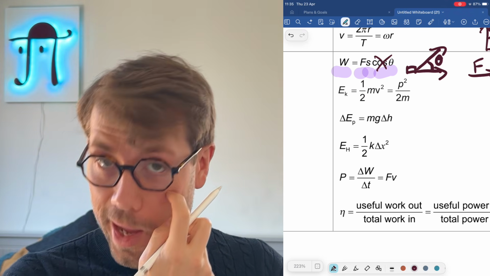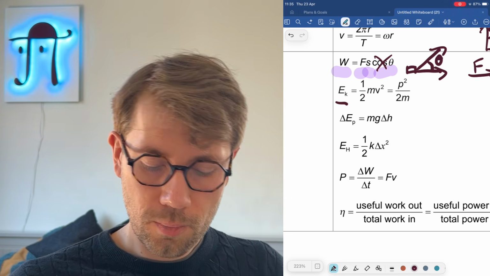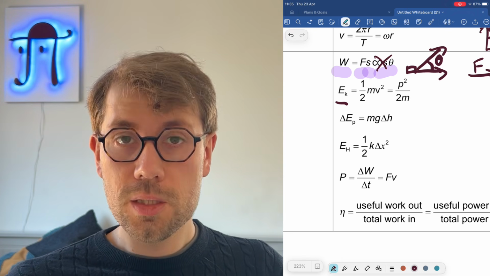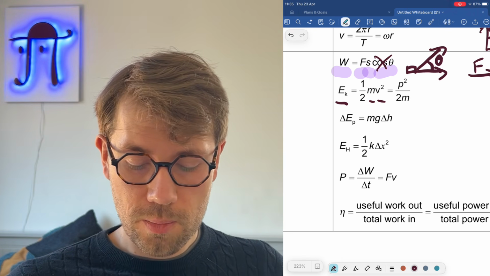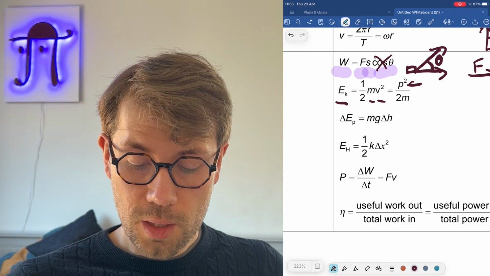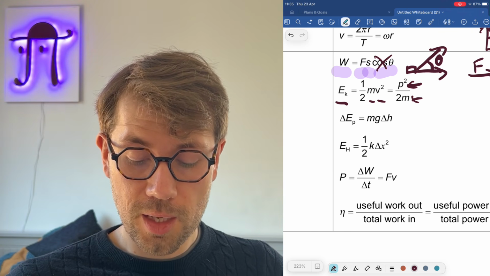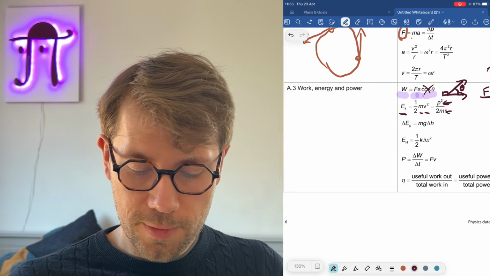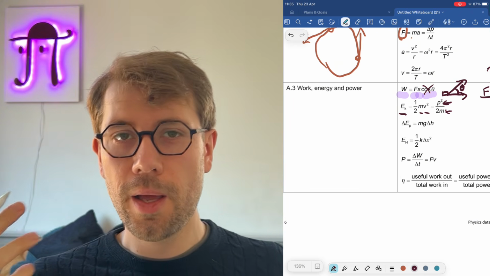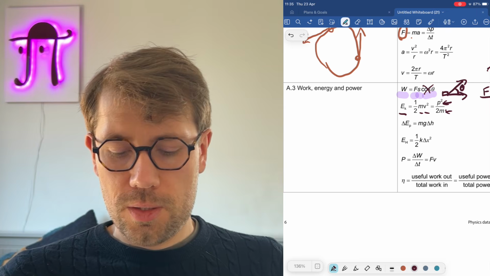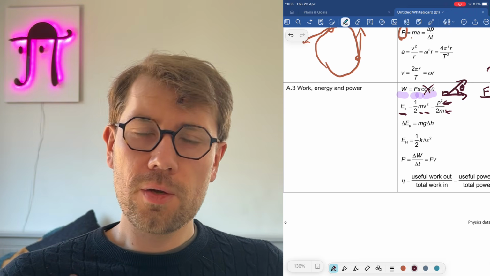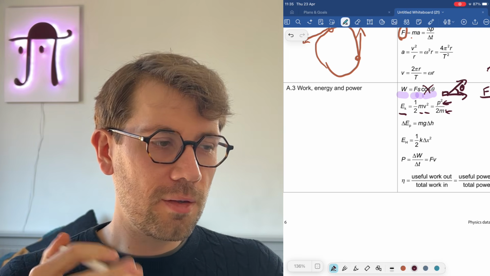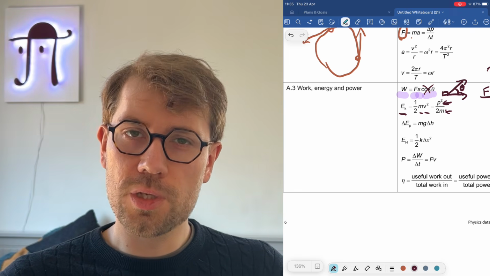Then we've got kinetic energy. And we've got all these equations: m mass, v velocity, p momentum, and m mass again. Very simple to use these. And I want you to think of these equations for work, energy and power differently to the way we think about forces. When you're going through your exam, energy is a way of calculating things and making predictions.